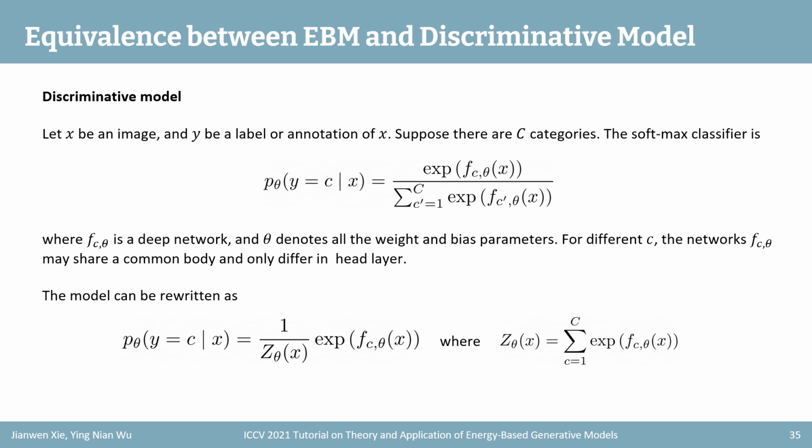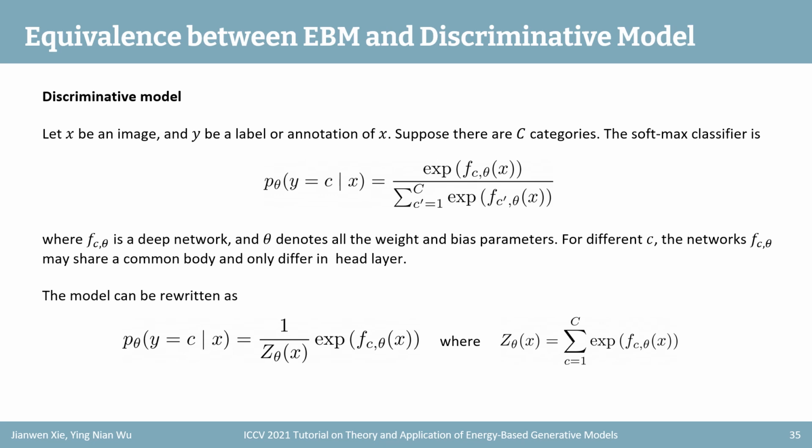The probabilistic model P of y given x for classification is in the form of a softmax classifier, where f is a deep net and theta denotes all parameters of the network. For different category c, the network f outputs a different value. Therefore, we use the subscript c to index f.